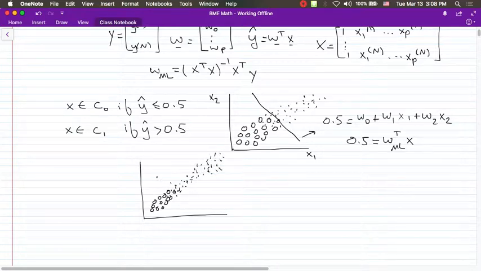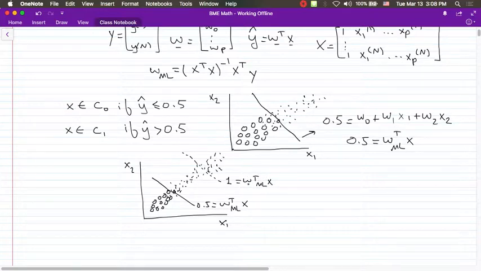So you go and find your maximum likelihood estimate, and maybe it gives you this line. That's the line that you find. So this is the line that says 0.5 is equal to W transpose ML times X. Well, there's also going to exist this other line here, where you have 1 equal to W transpose ML X.